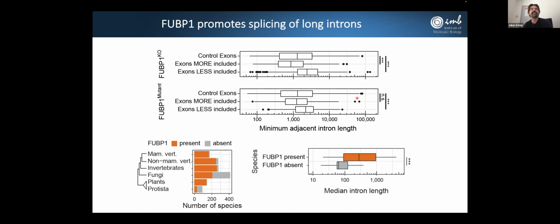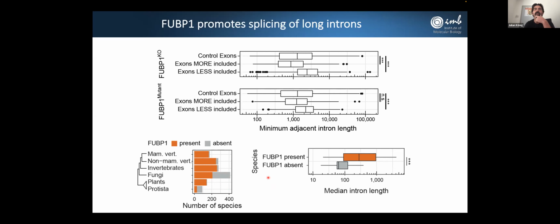We also investigated this from an evolutionary perspective and looked for the presence and absence of FUBP1 in different species. What we found is that FUBP1 is generally there, suggesting that it's an ancient protein, but it seems that it has been lost in several fungal and also protist species.